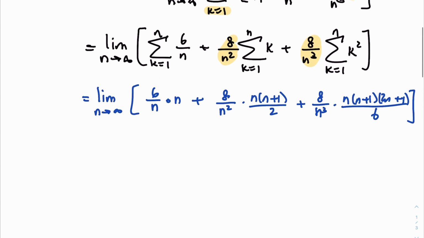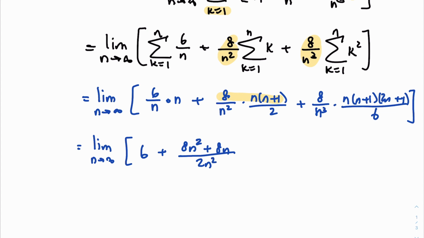Now let's clean some things up here. So we have the limit as n approaches infinity. 6 over n times n is 6. In the second term, if I multiply the numerator through, that's going to be 8n squared plus 8n, and that's all over 2n squared. And then here in the last term, we have a denominator of 6n to the third.